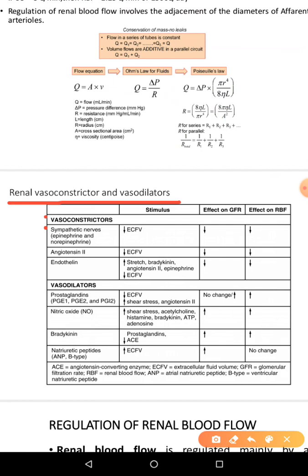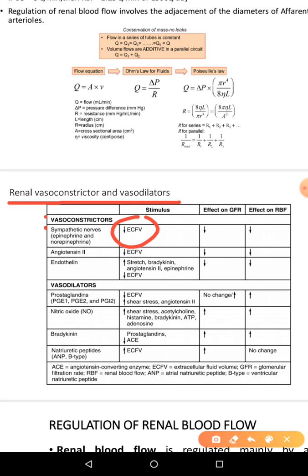What stimulates the secretion of epinephrine is a decrease in the extracellular fluid volume, which is very true. We know that the effect of the sympathetic innervation on the heart is that it increases the heart rate.